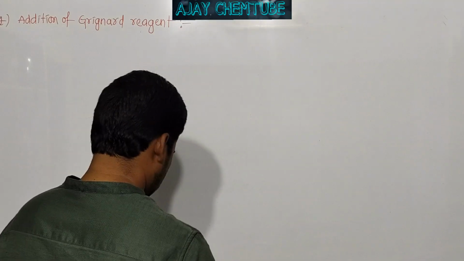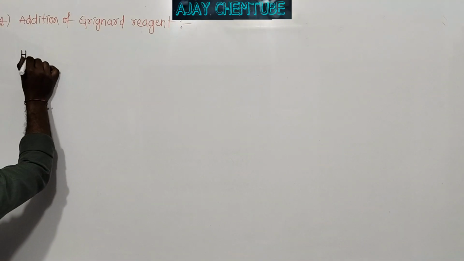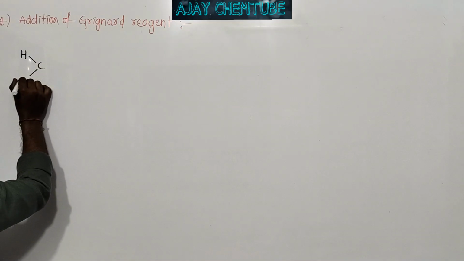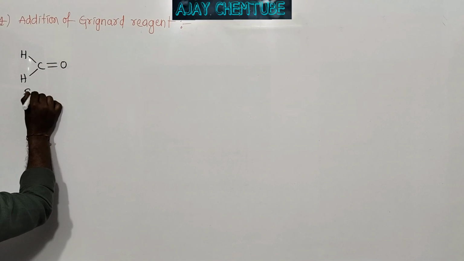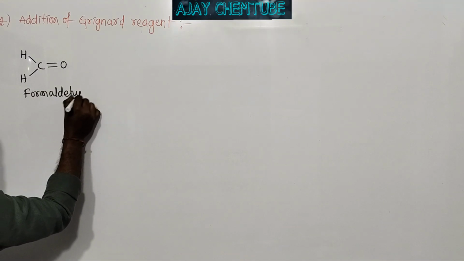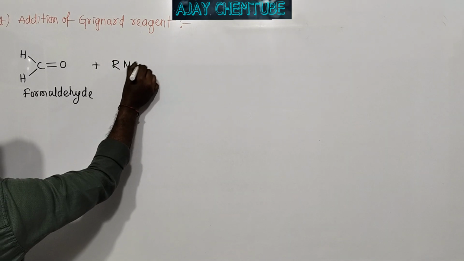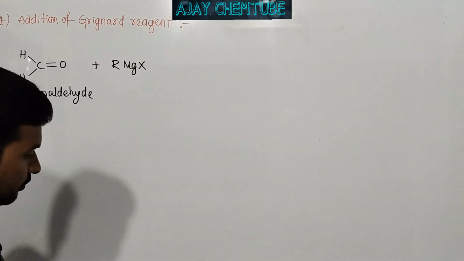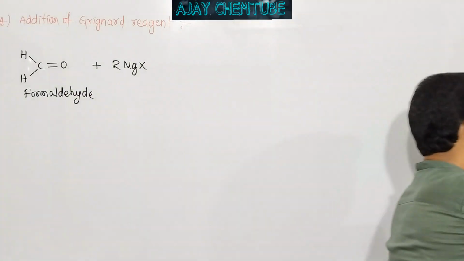Right? So addition of Grignard reagent to formaldehyde first. This is formaldehyde, and RMgX. In RMgX, what is positive and what is negative?